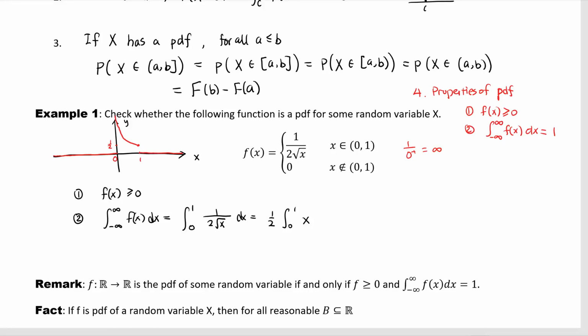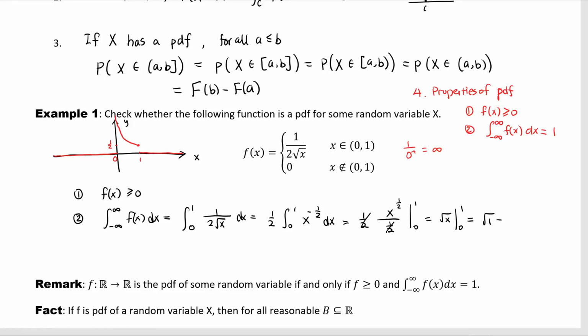Pause here and answer my question. Yes, x to the minus 1/2 dx. So what do we do? We add 1 to the exponent and divide by the new exponent, evaluating from 0 to 1. The 1/2 cancels, so we have square root of x evaluated from 0 to 1.